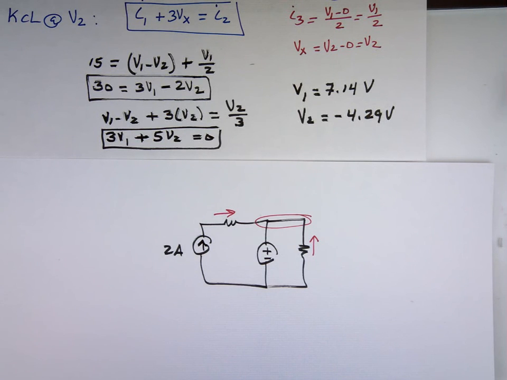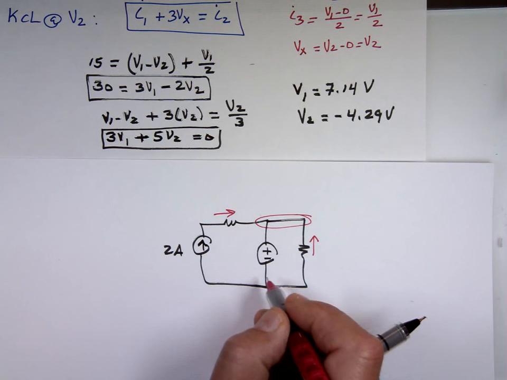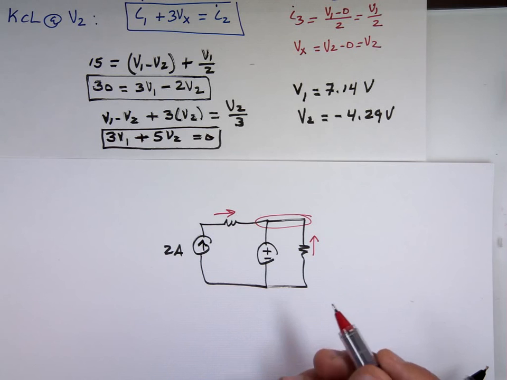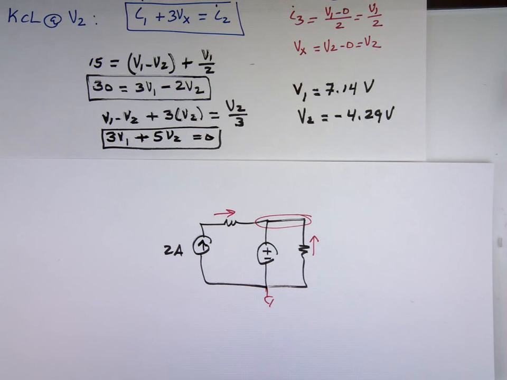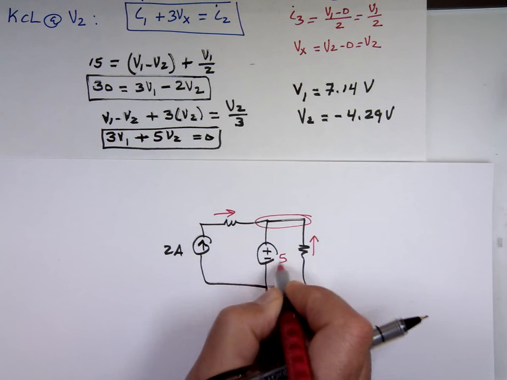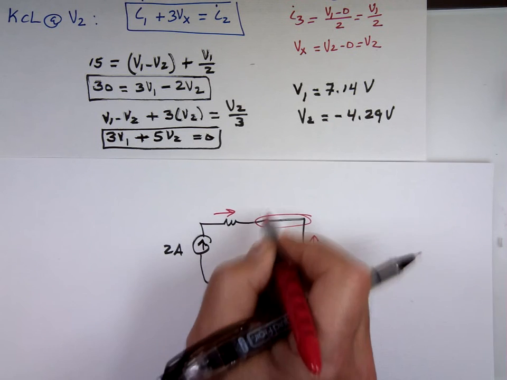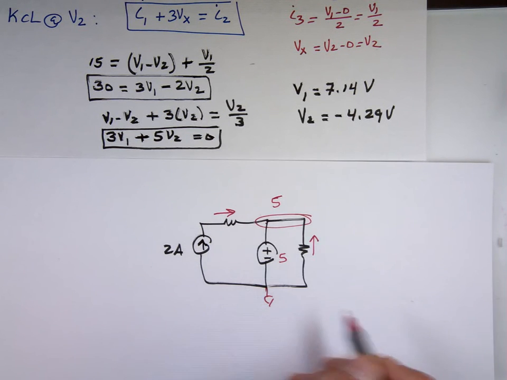What does that mean? Which is actually good for us, because if this is ground, let's say this is 5 volts. You know what the voltage here is? Which is what? 5. So how many nodes left in that circuit that you don't know the voltage to? Only one. That's this one.